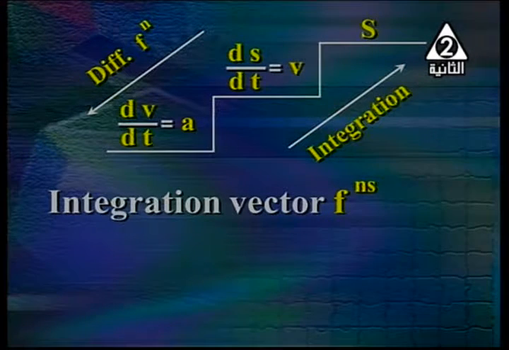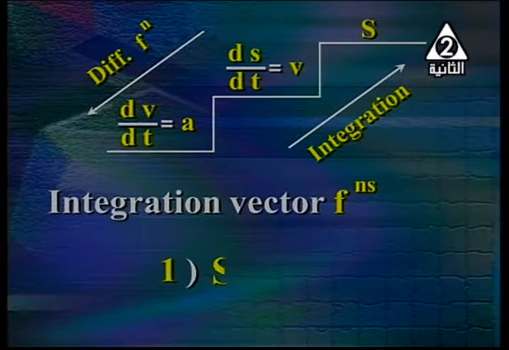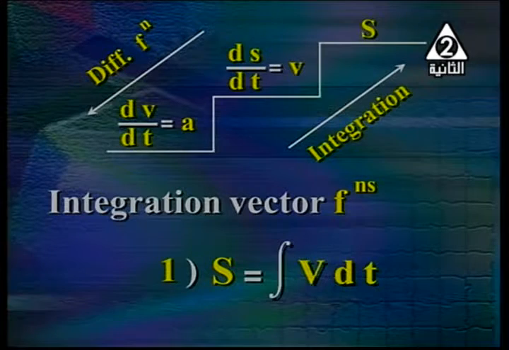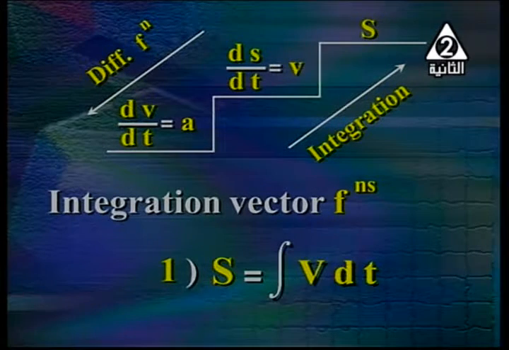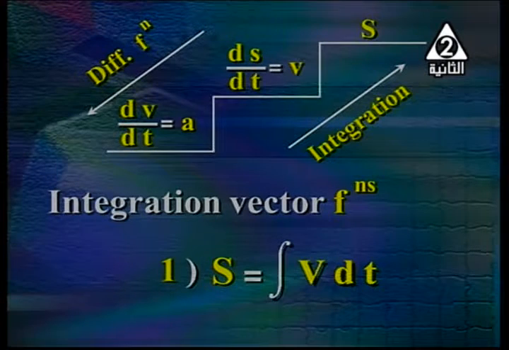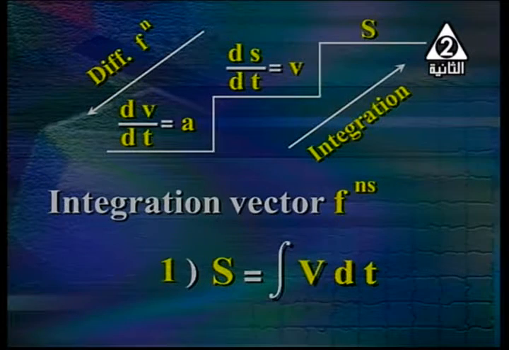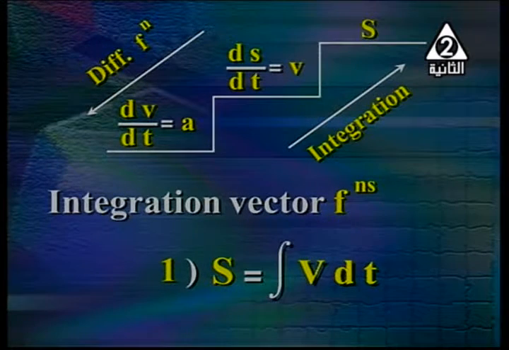Then we use integration when we find S by using integration of velocity with respect to the time t. If we have velocity and the required is the distance, we use integration. Why?